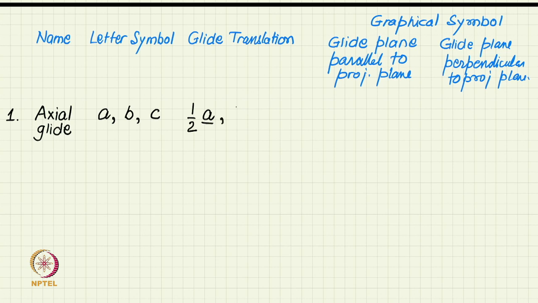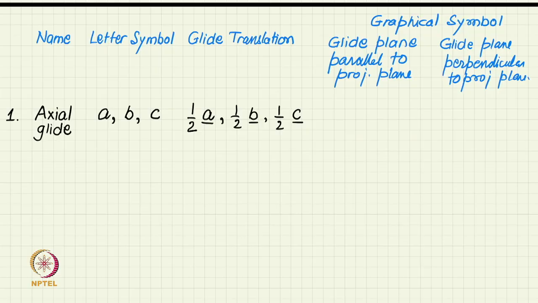So, half A, half B and half C. In this series of video, I find that I have changed my notation of vector midway. So, do not be confused with that. Previously, I have been using a bar above the letter to represent vector, but now I am using a bar below the letter to represent the vector.